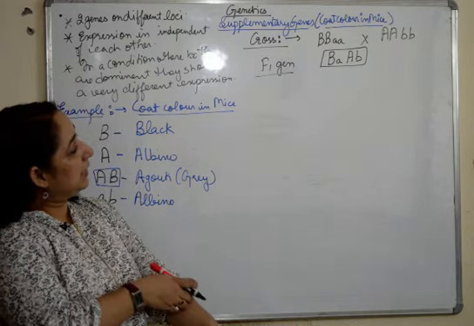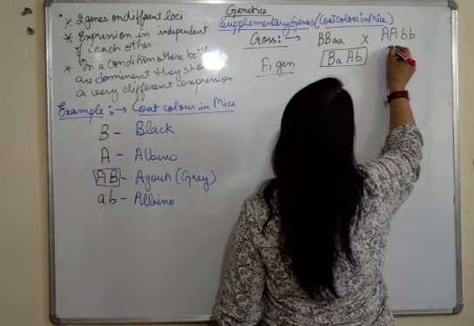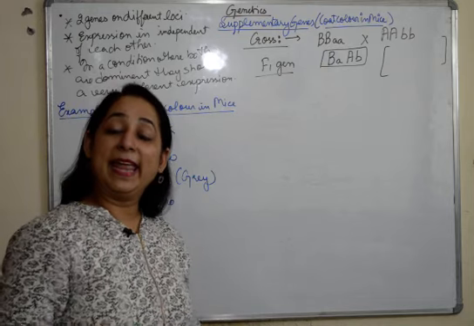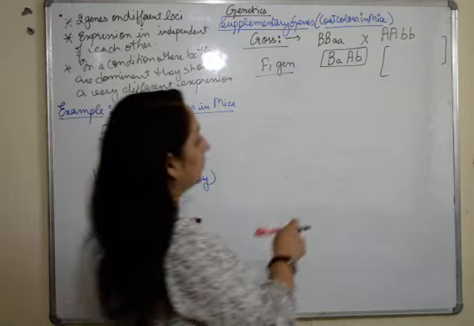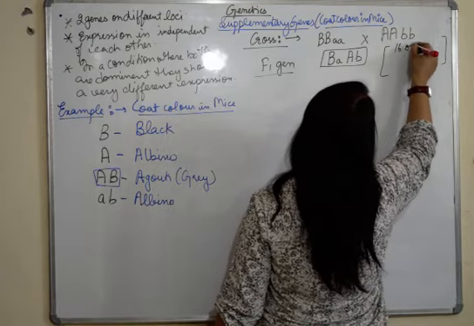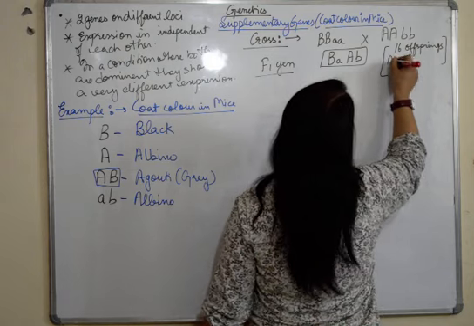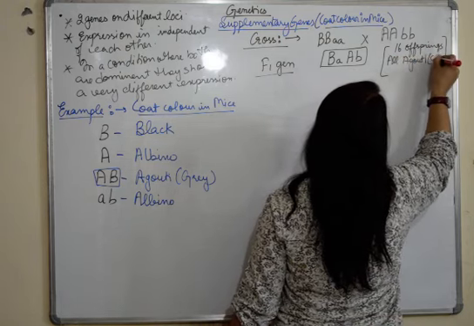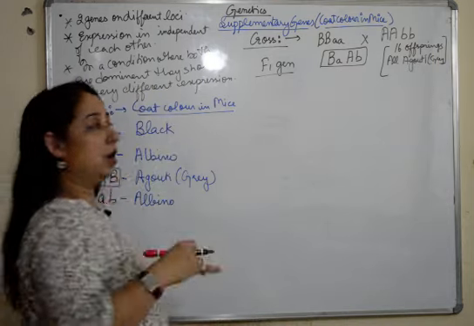That means I am going to get all gray or agouti. So all the offspring produced here, 16 offspring, will be agouti or gray. Neither black nor white, all gray.